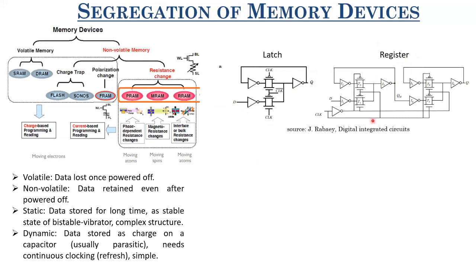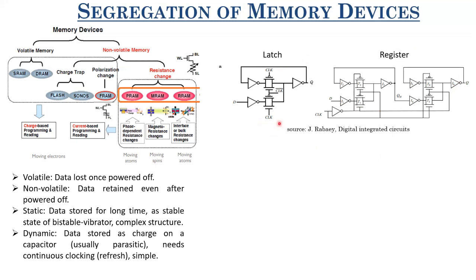A register acts only at the clock edges. If it's a positive edge triggered register, the moment the clock goes from 0 to 1, whatever data was there before the clock edge on D will be sampled to Q, and it will then be retained there. What is a flip-flop? A flip-flop is any bistable element which has two stable states, right? So this distinction, I guess you will understand, and you keep this in your mind.